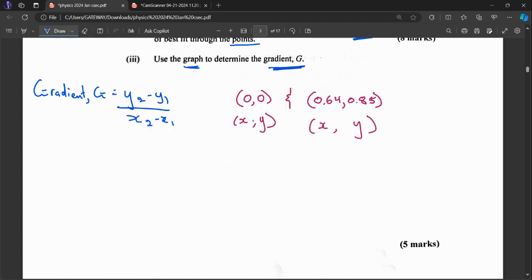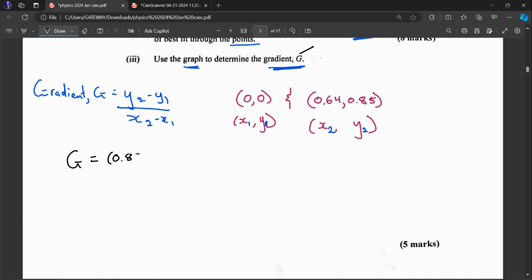So you have to label them x1, y1, x2, y2. The first point I will label as x1 and y1. The next point I will label as x2, y2. Then what I will do here is substitute into the gradient formula. So I put G, because G represents the gradient, as they had said here.